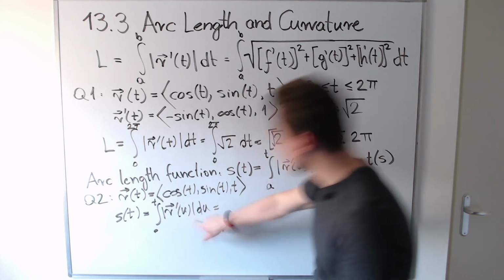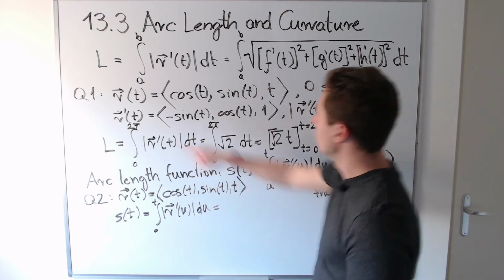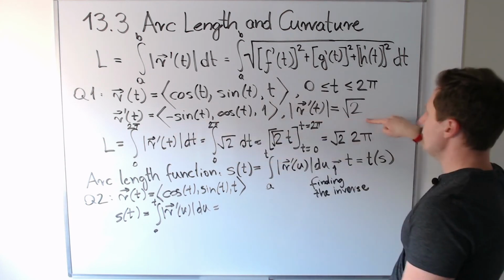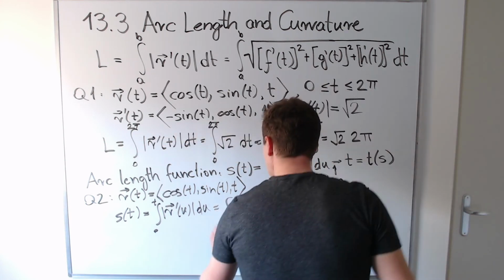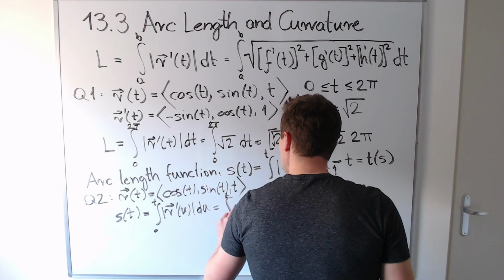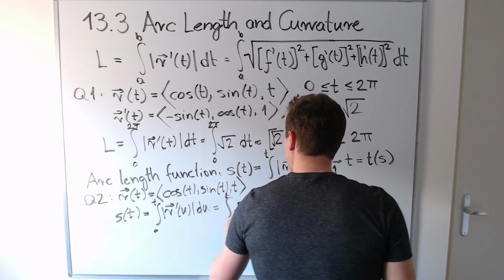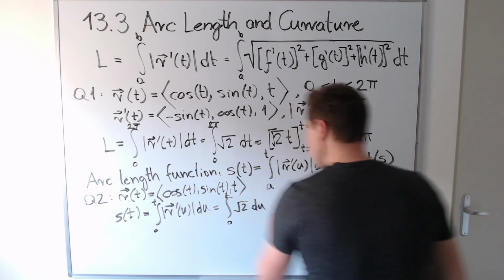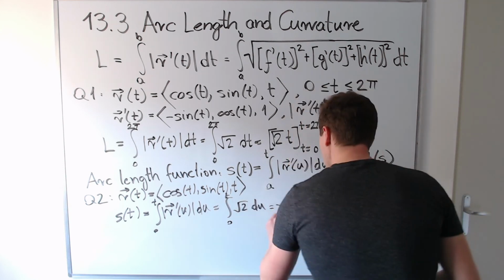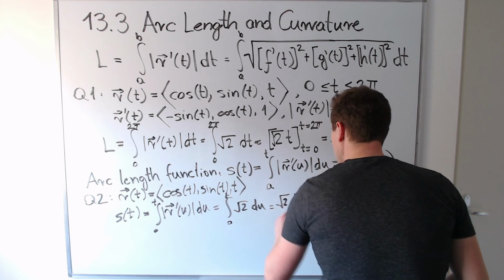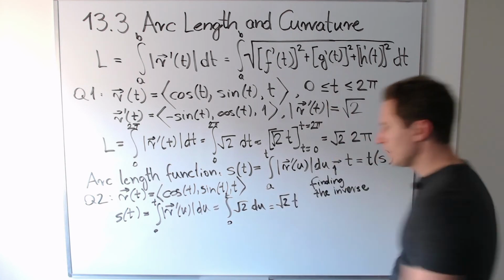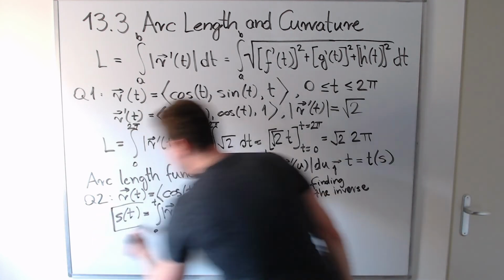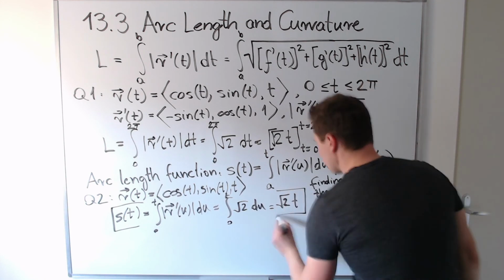Now, this length of the derivative has been computed before, it's not 2 pi, it's root 2, so we are integrating from 0 to t the constant root 2 with respect to u, and that will give us root 2 times t, exactly this definite integral. So we have now this function s(t) in terms of t.